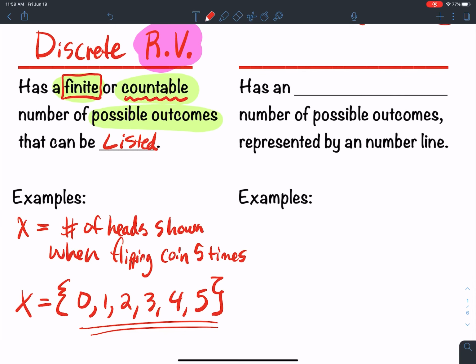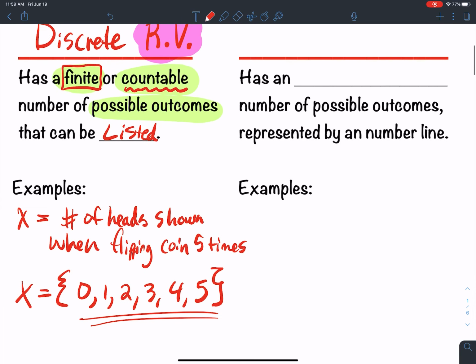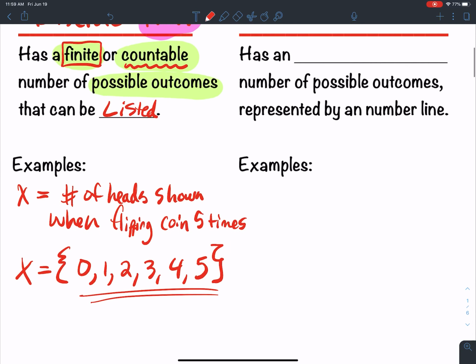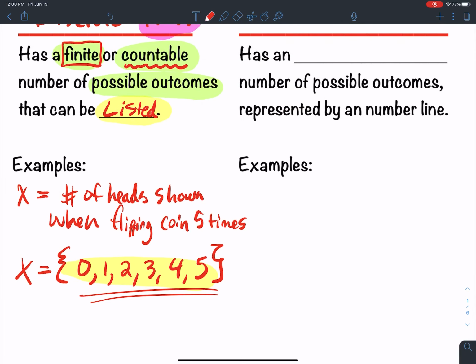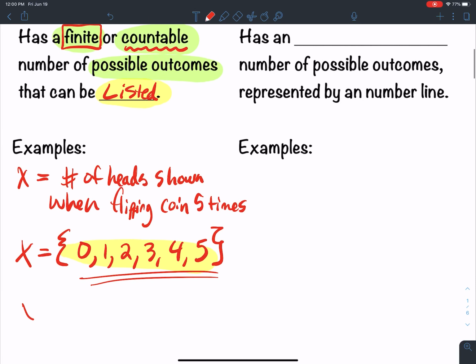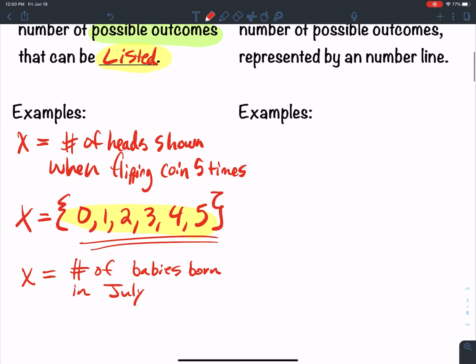So countable is something that is infinite, but we can still put it in a list like what we did here. Okay, so how can I do something that's infinite? Say x represents the number of babies born in July, worldwide. So very rare scenario, you could have no babies born, right?